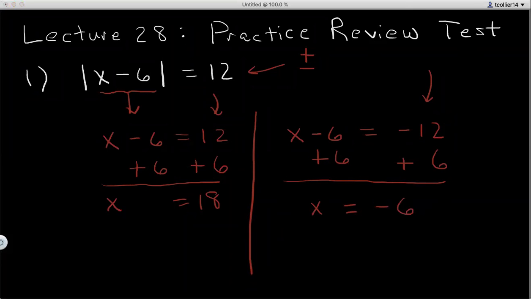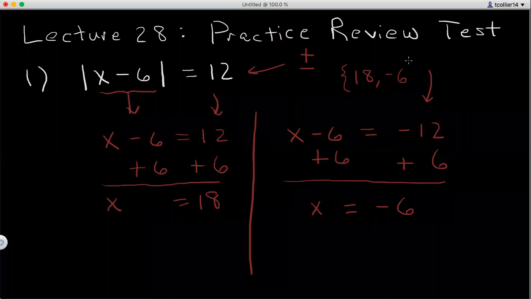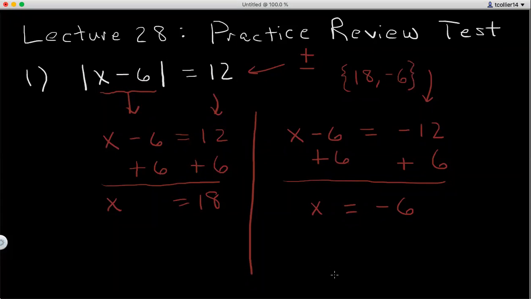So these are going to be my two answers, 18 and negative 6. And I'm going to put them both inside a solution set. So I'm going to have 18 and negative 6, and then I close up the set. And there you go, that's the solution set.